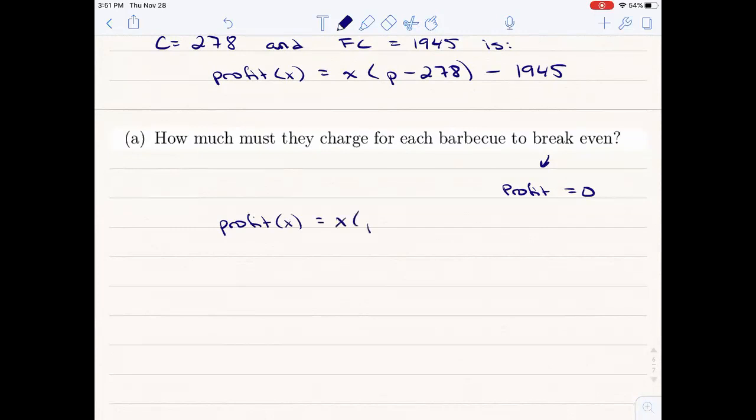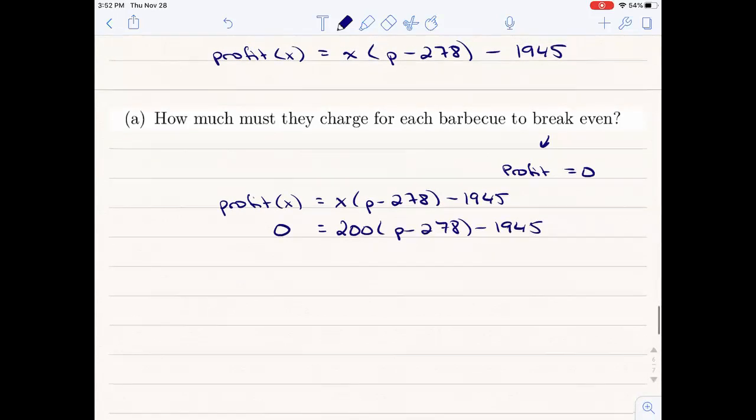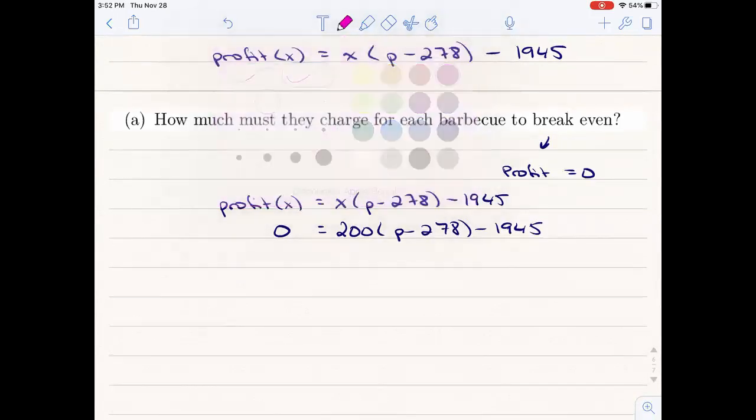Profit of X is X times P minus 278 minus 1945, forcing profit to be 0, and X I know is 200 until I'm told otherwise. 200 times P minus 278 minus 1945. How much must they charge, which is asking you to find P.